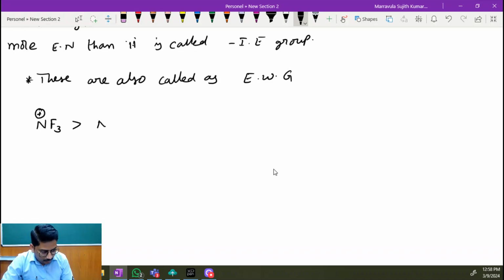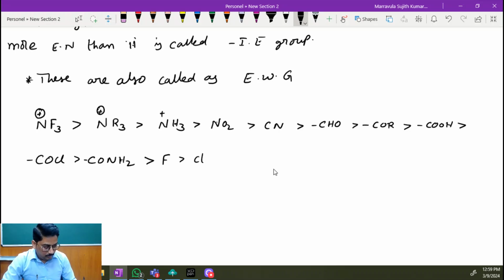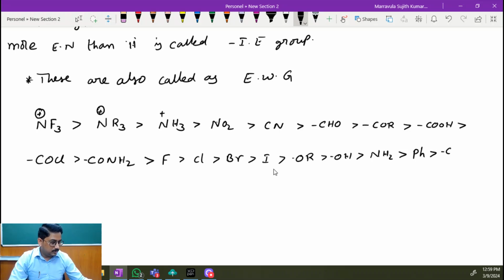After that NR3 plus, NH3 plus, NO2, cyanide CN and CHO, COR, COOH, COCl, CONH2 amide group, greater than fluorine, chlorine, bromine, iodine and OR, OH and NH2 group, and phenyl group, CH double bond CH2 group, allyl, greater than hydrogen, the last one.